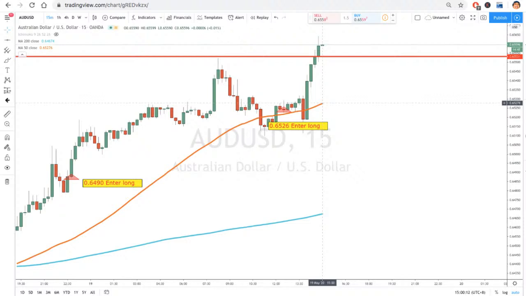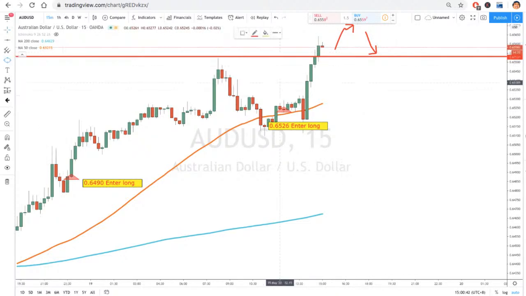If price takes out this resistance, goes up like this, and comes back down to this area, we might be looking for a long here, but it will depend on the price action.